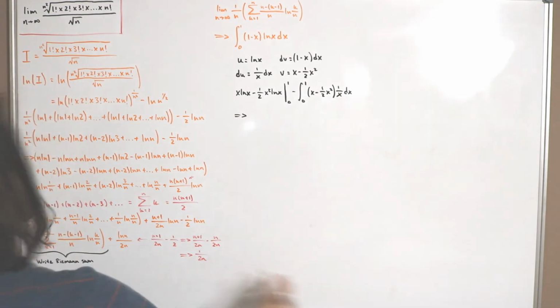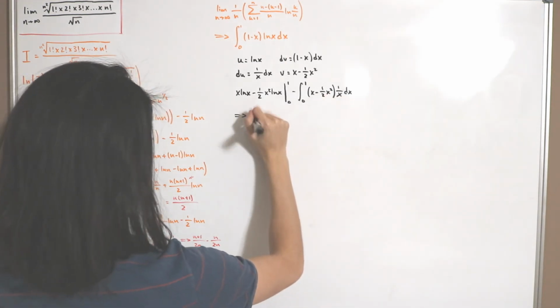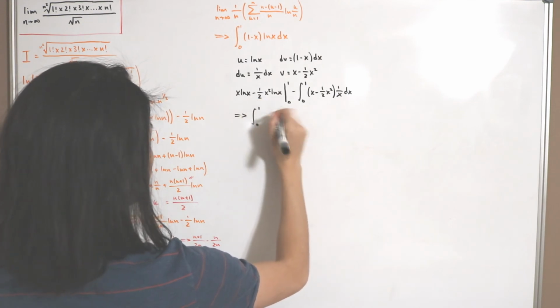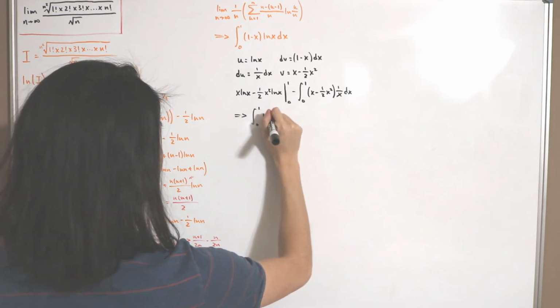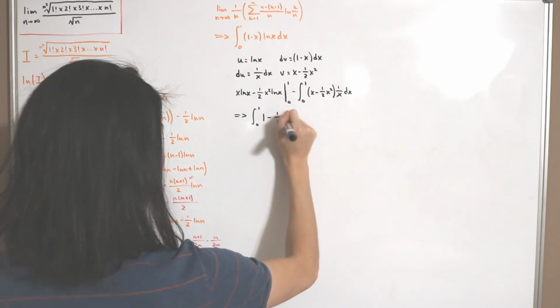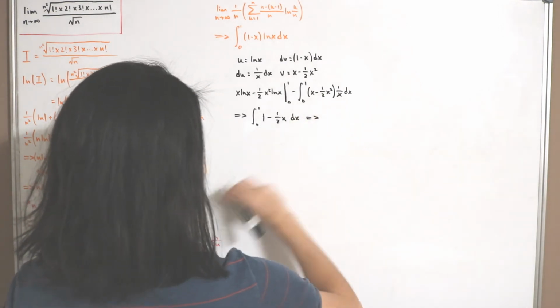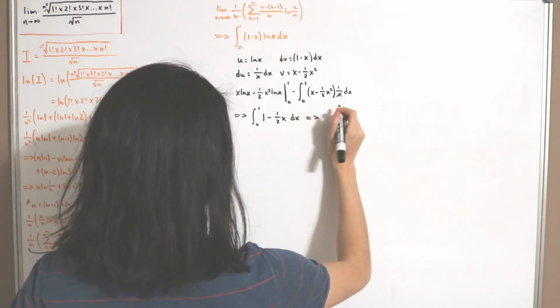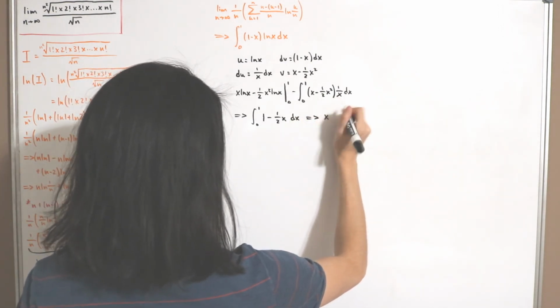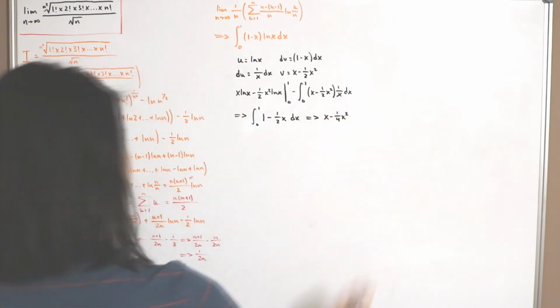When I distribute the 1 over x, we get the integral from 0 to 1 of 1 minus 1/2 x dx. Now just evaluate the definite integral: this is x minus 1 over 4 x squared.